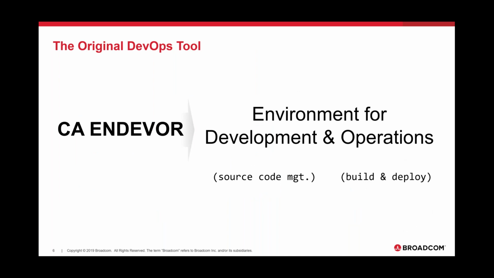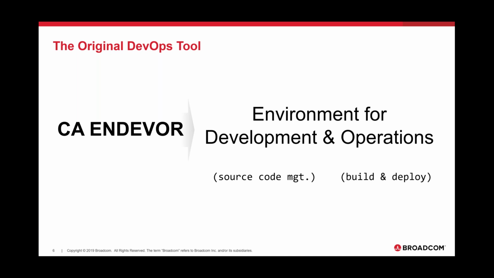So just before we get going, I wanted to make an observation here. So many of you may know CA Endeavor. This is the market-leading SCM product. So it's not just source code management, but it's build and deploy as well. This product was developed in the 80s and became very popular, growing to the market leader in the mid 90s. And you may not know, but Endeavor stands for an environment for development and operations.